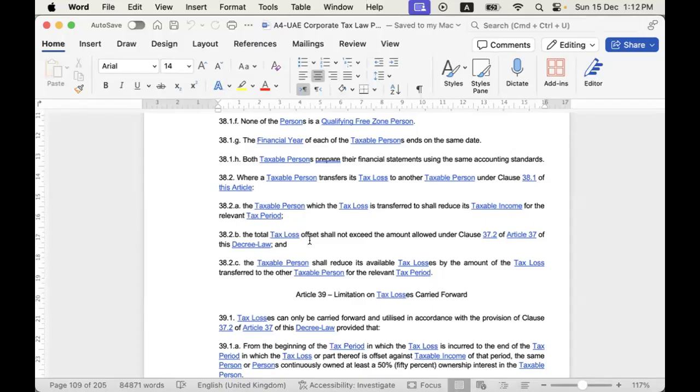The total tax loss offset shall not exceed the amount allowed under Article 37(2) of the decree law. Until now, we haven't read it. It says the tax loss offset, doesn't say transferred. But let's read C. Taxable person shall reduce its available tax losses by the amount of the tax loss transferred to other taxable persons for the relevant tax period.